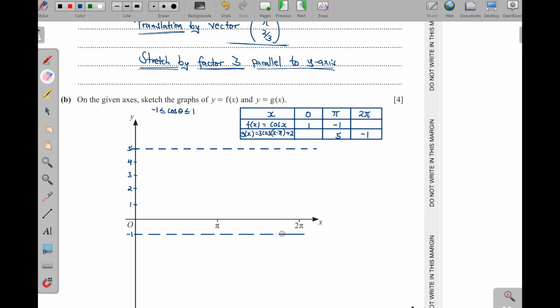Now let's begin with this one of f of x. So we need 0, 1, which is here, and then pi, and then negative 1. Cos of 90 is 0, so that means in the middle here, that is where it is going to pass. Okay. And also this one here cannot exceed 1.